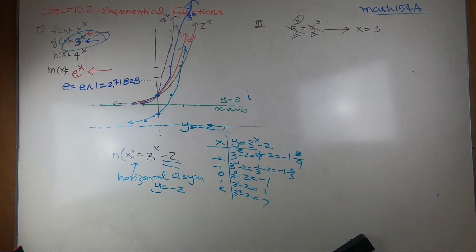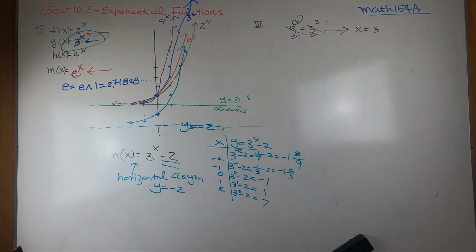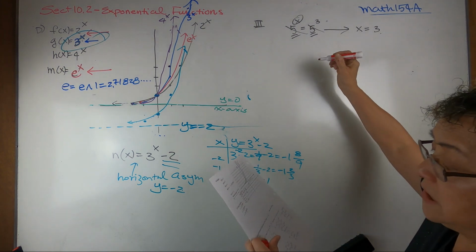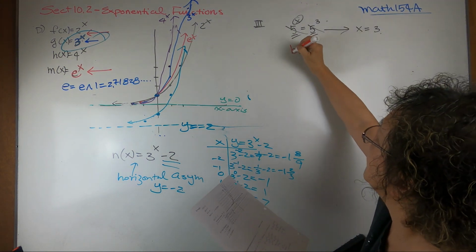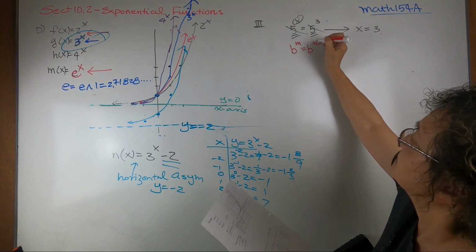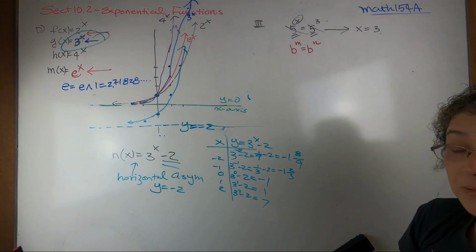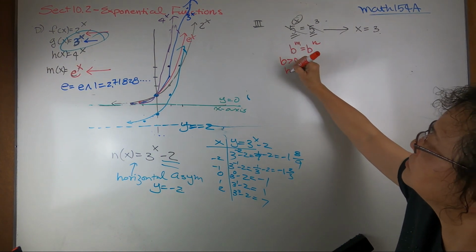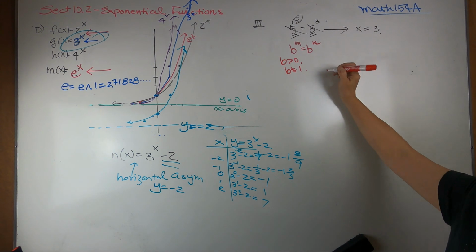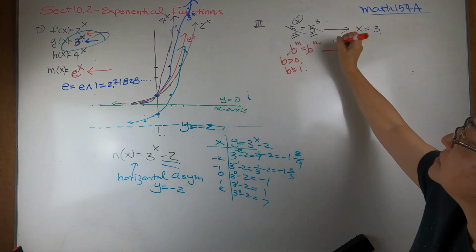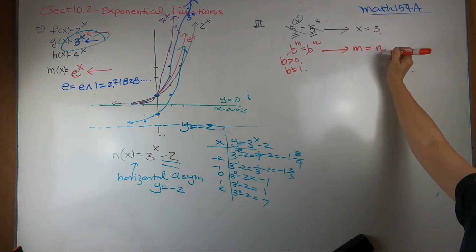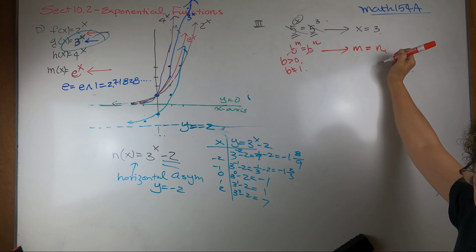Okay, so let's take a look at page 31, and how do we solve it? If I have b^m equals b^n, same base, and of course for the base we use bigger than 0, we don't use 1. It means you can ignore the base, then your powers would be the same.